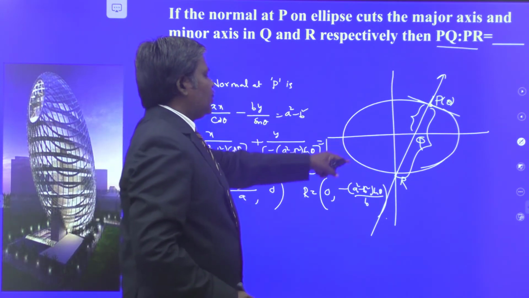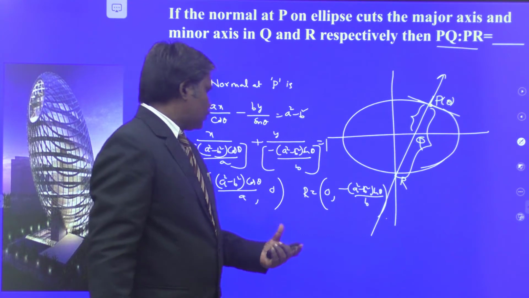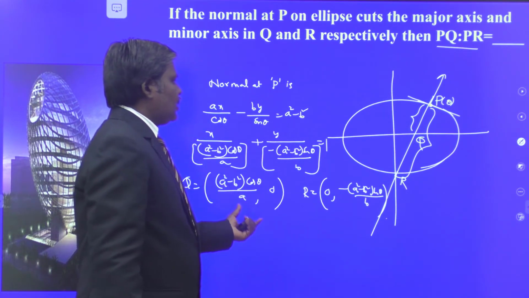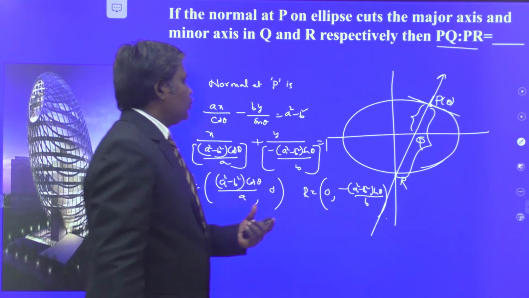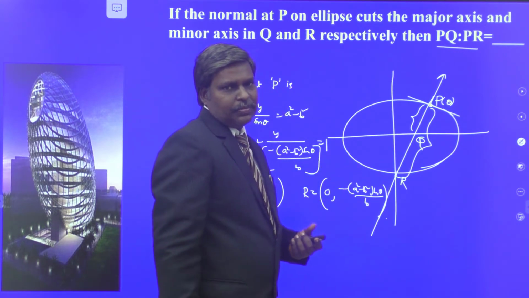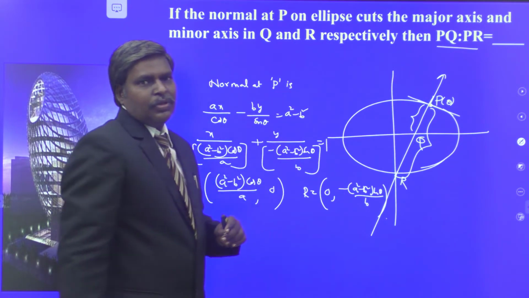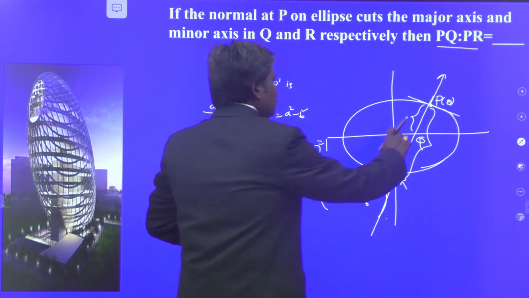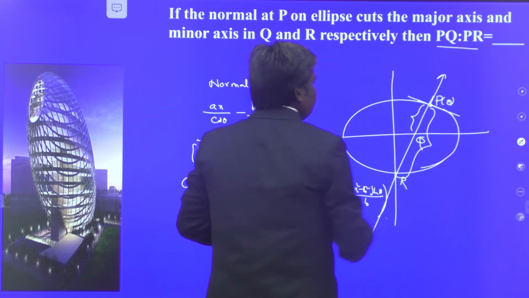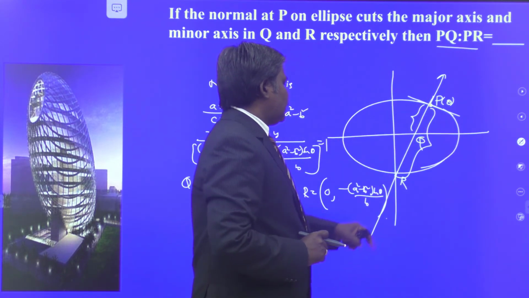To find the PQ distance and PR distance, it is very lengthy for you. The coordinates are very large here. It is possible if you find the distance, but it takes time. Is there any alternative method to find the ratio? This is the x-axis. This is P of theta.